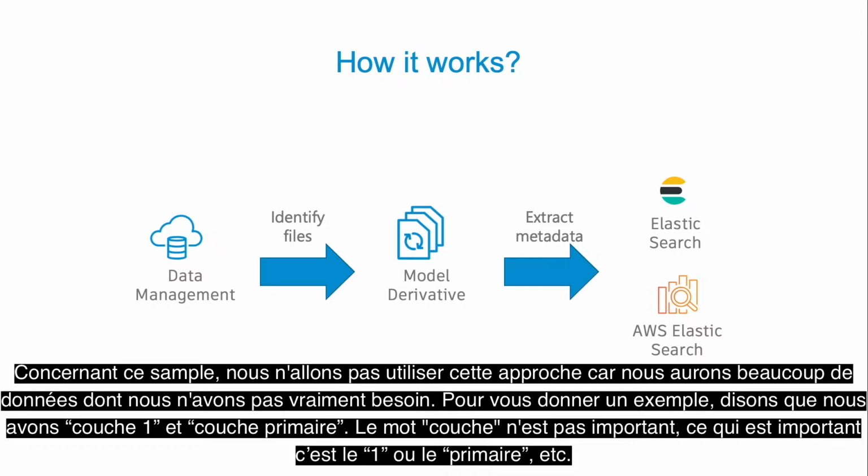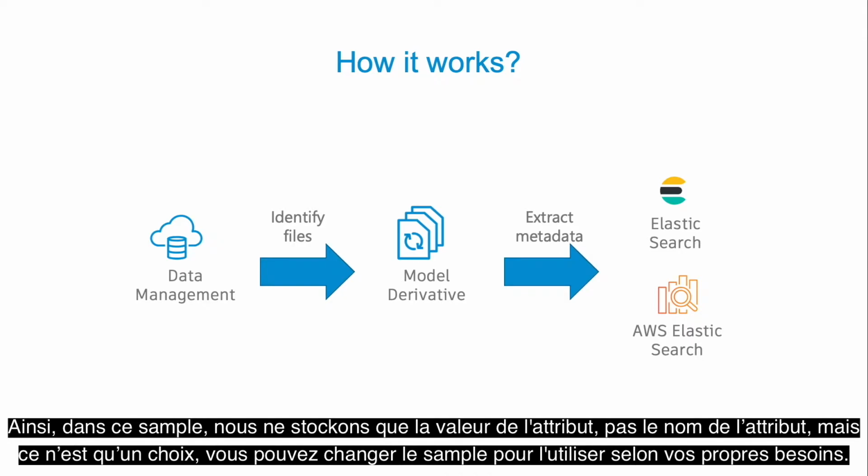To give an example, let's say we have layer 1 or layer primary, right? We don't care about the word layer, we just care about the name of the layer, 1 or primary, etc. So we're only storing the attribute value, not the attribute name, in this sample. But that's a decision, and you may change the sample to use it for your own needs.